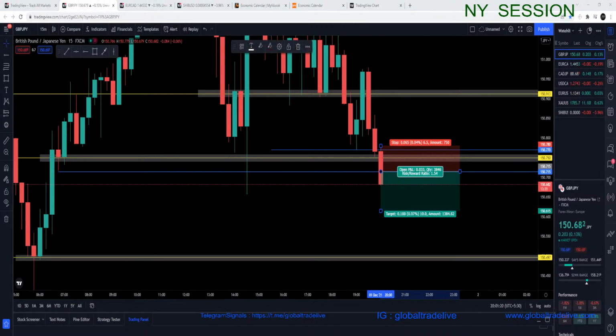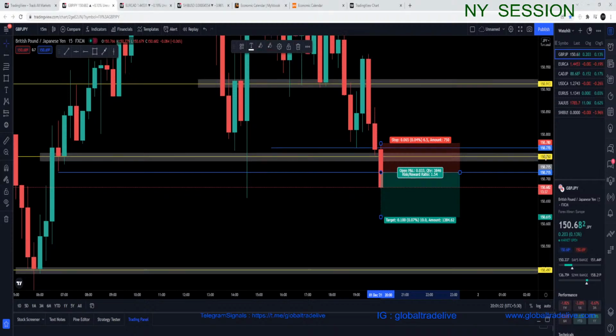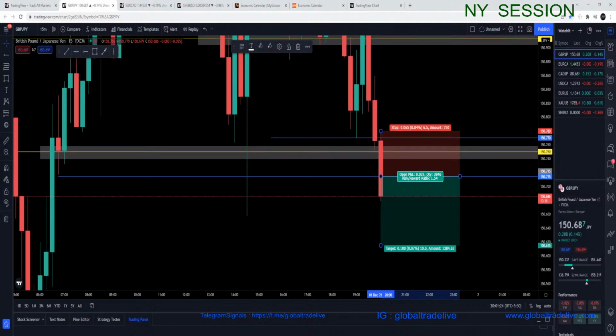So my trade is running in 2.4 pips of profit right now. Let's see if it continues to move all the way down or not.